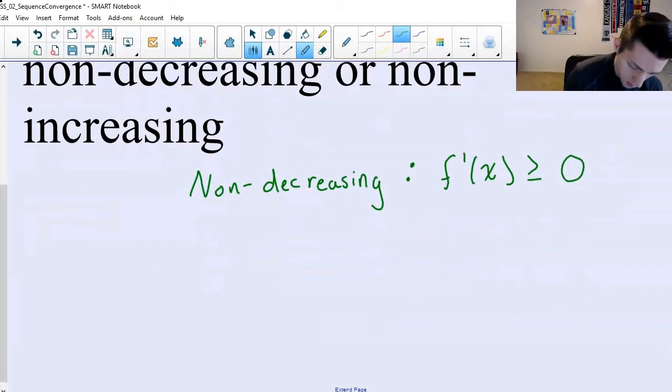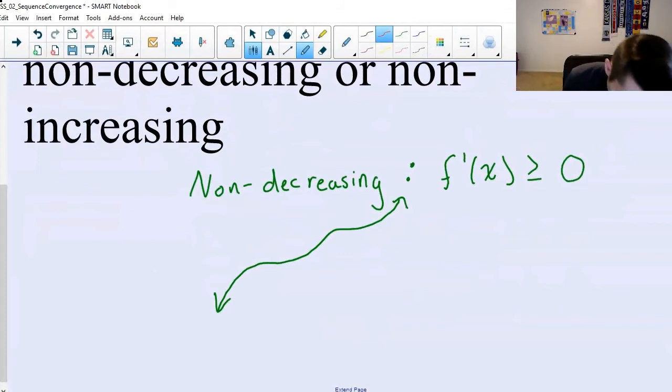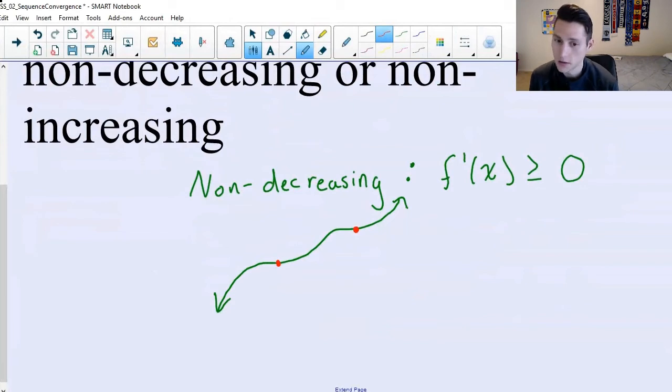Let's say I have something like this, where this is not technically an increasing function everywhere, because at these points my derivative is 0. But it doesn't change from increasing. It's just that the derivative is 0.